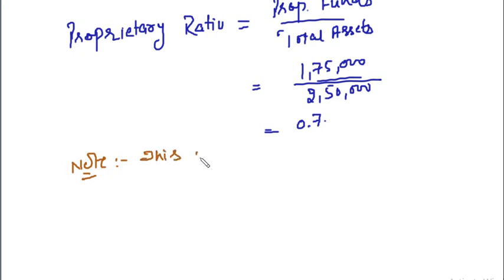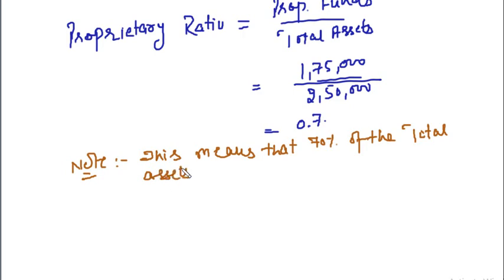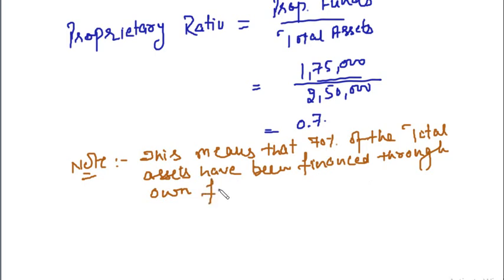This means that 70% of the total assets have been financed through own funds, which is a good position for a business.